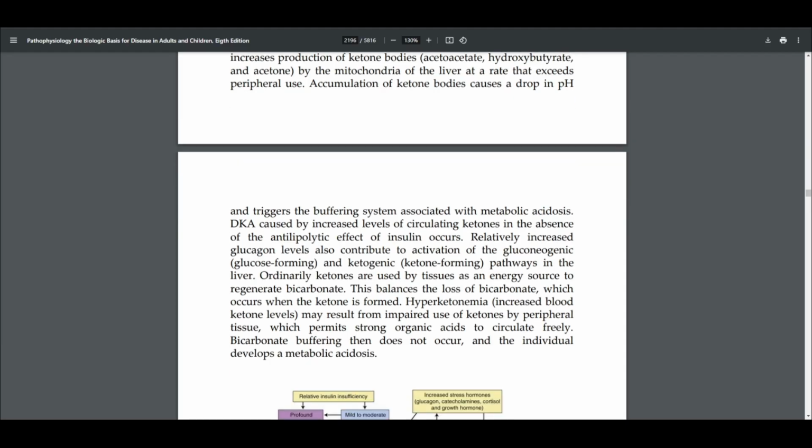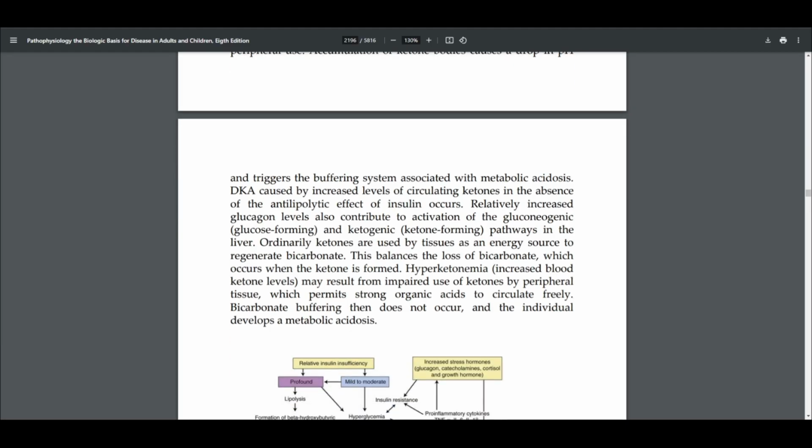DKA is caused by increased levels of circulating ketones in the absence of the anti-lipolytic effect of insulin. Relatively increased glucagon levels also contribute to the activation of gluconeogenic and ketogenic pathways in the liver.